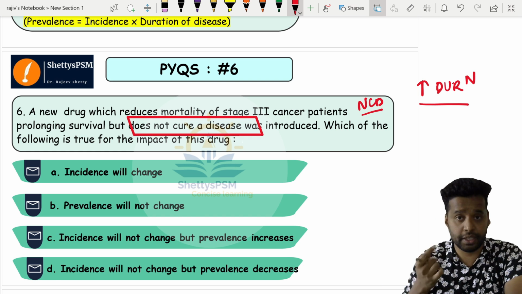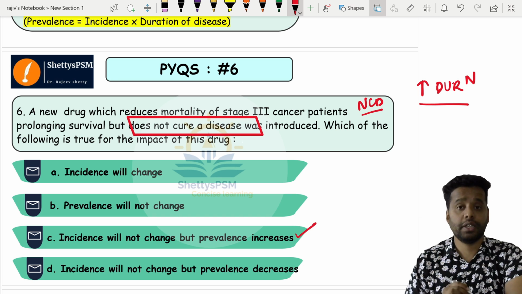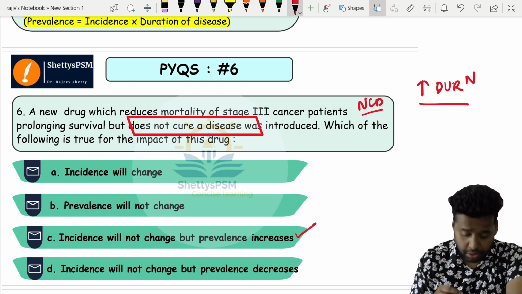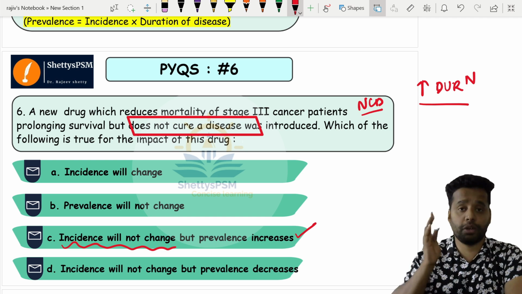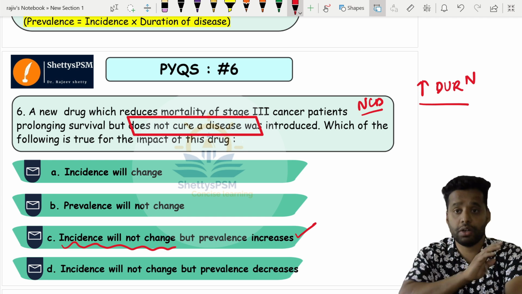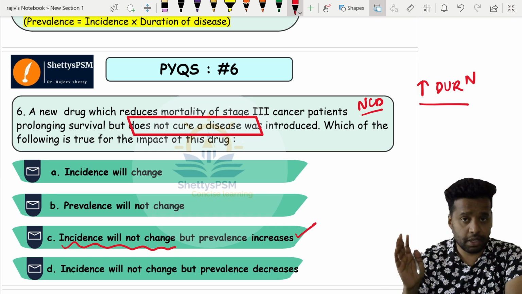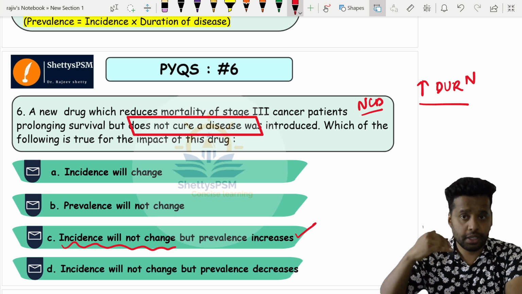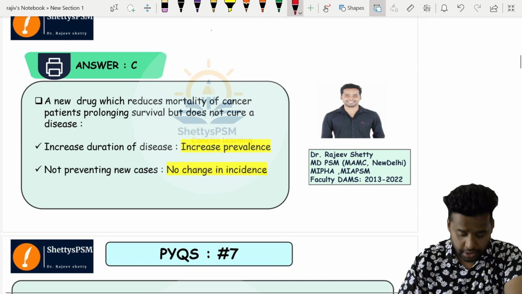Prevalence will increase, but incidence will not change. You are not preventing the cancer, so it has nothing to do with incidence. If you are preventing, then incidence will decrease. Here you are not touching any preventive part, you are just prolonging the survival. Duration is increased, prevalence will increase, incidence will not change.